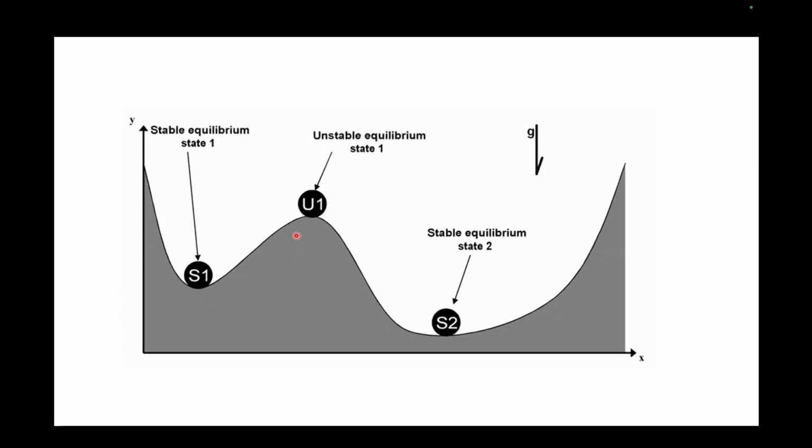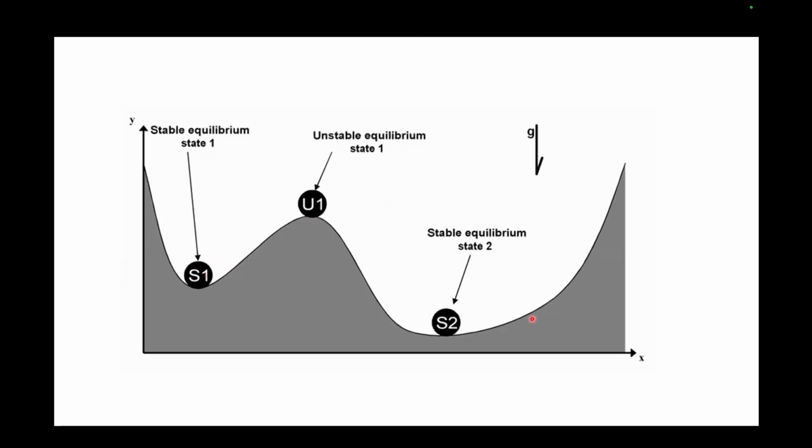But the case with U1 is not exactly the same, it's kind of opposite. U1 is also an equilibrium state, but if you push U1 a little bit, it will fall off this cliff, and it won't naturally come back to its position because this is a higher energy position. This is what is called an unstable steady state or unstable equilibrium.